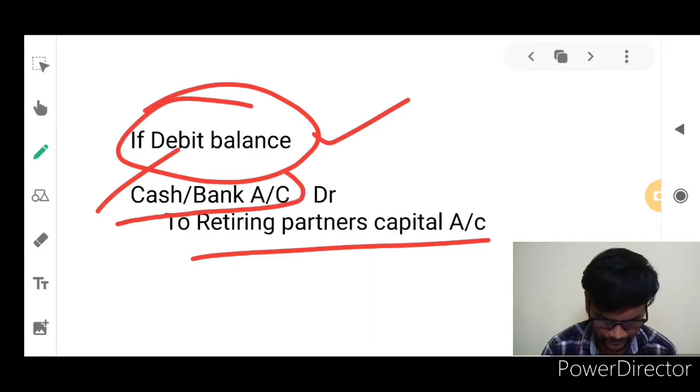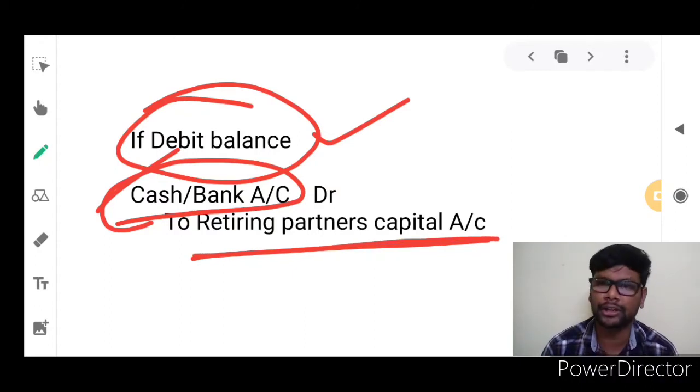So the firm is receiving cash or bank from the retiring partner, and the retiring partner's capital account is to be credited.